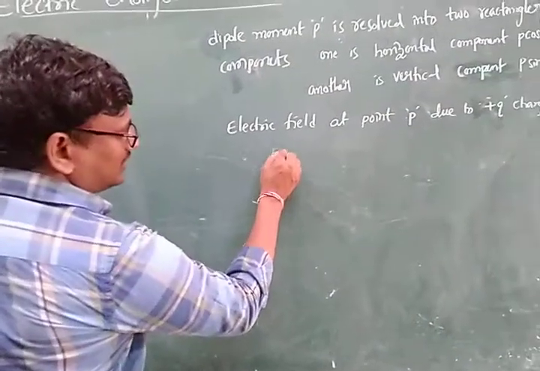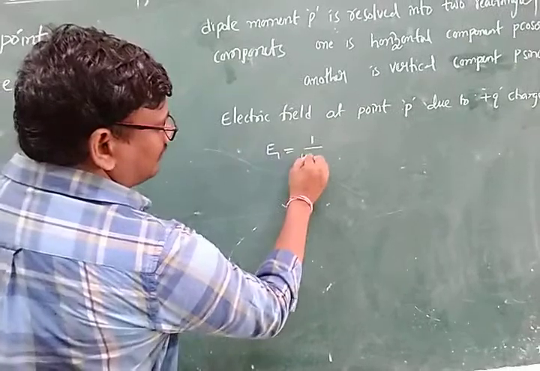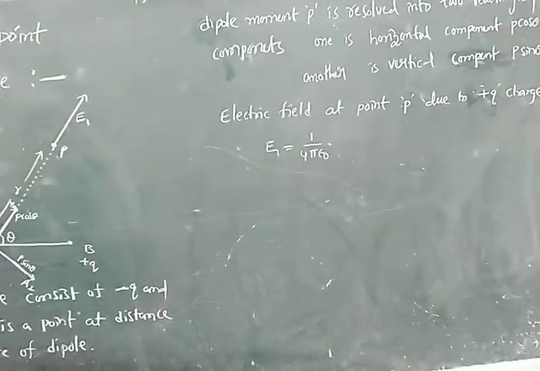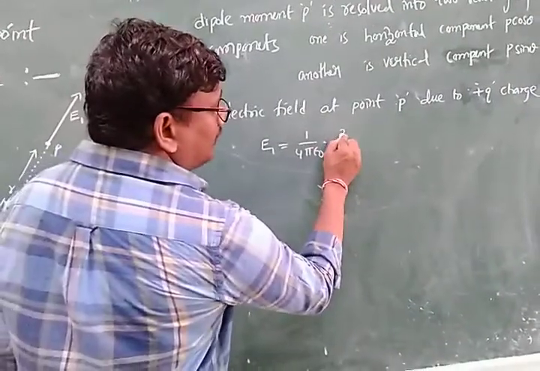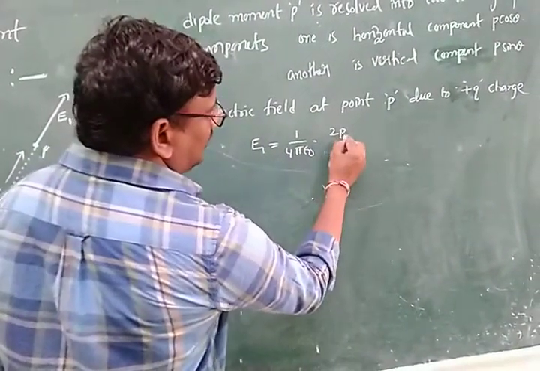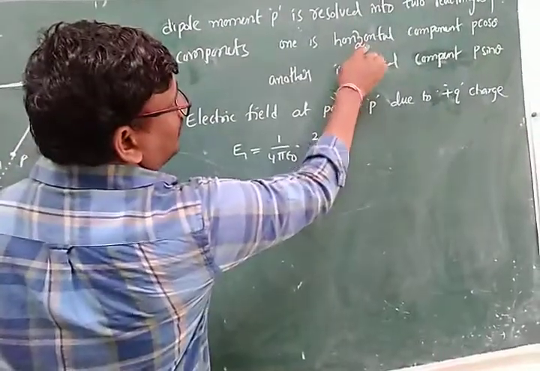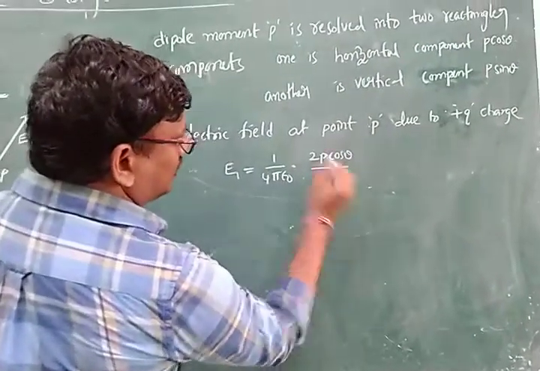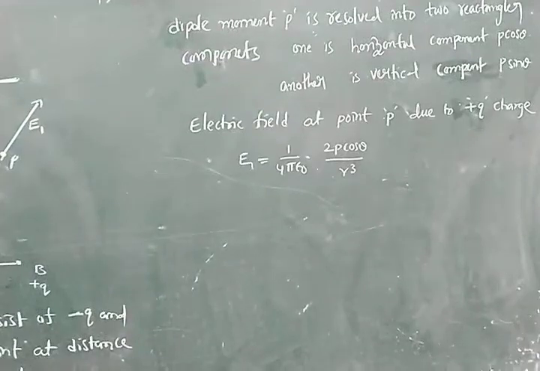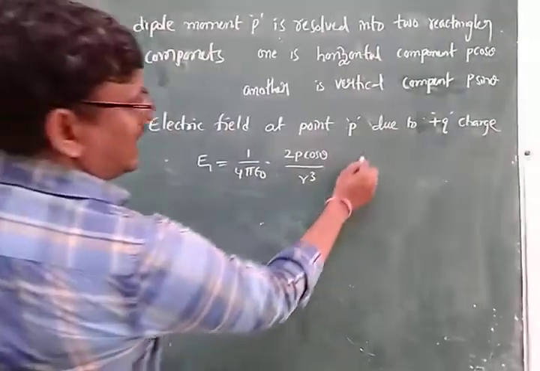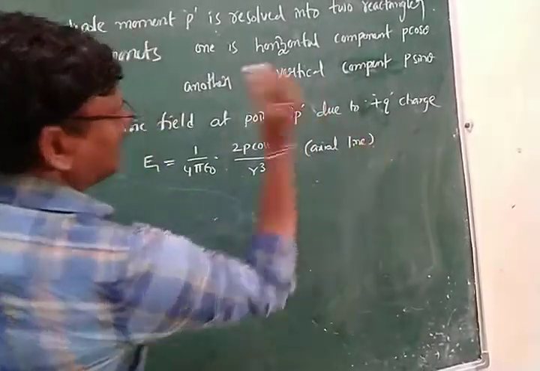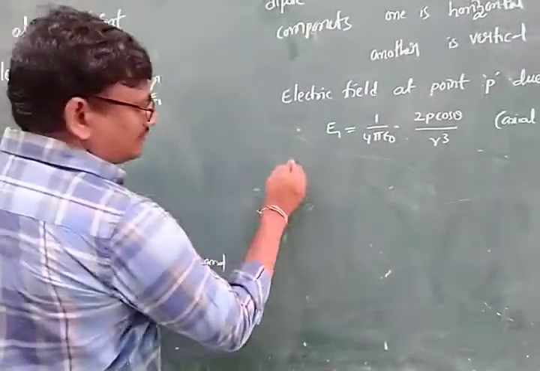E1 is equal to 1 by 4 pi epsilon naught into 2p cos theta by r cube, because we take this as an axial line.